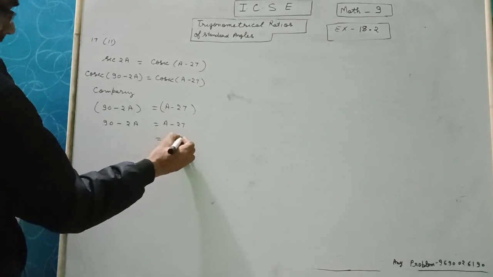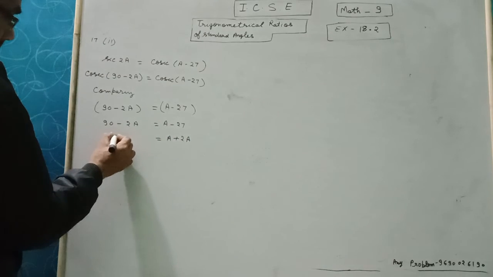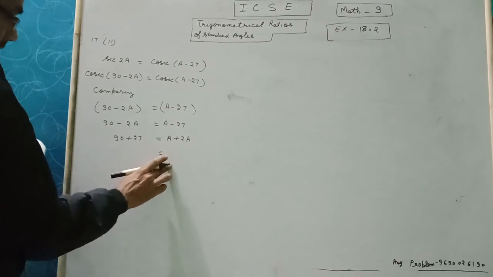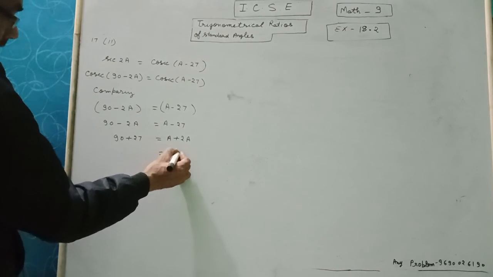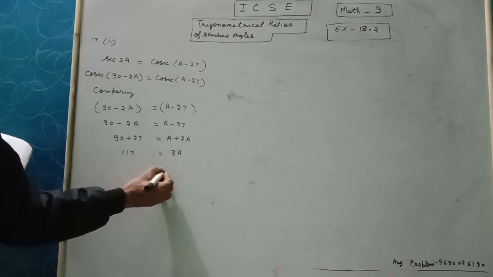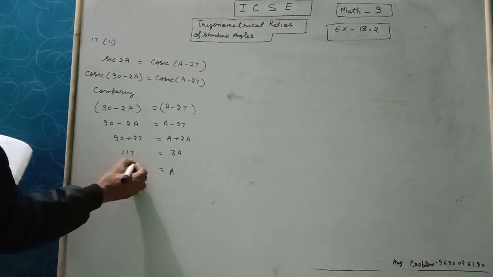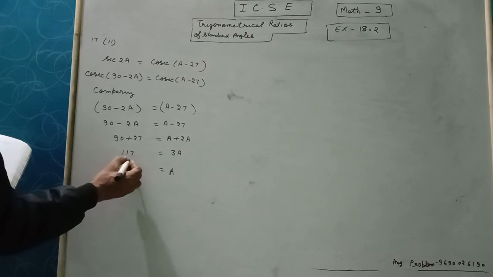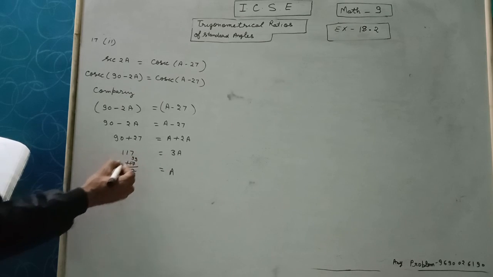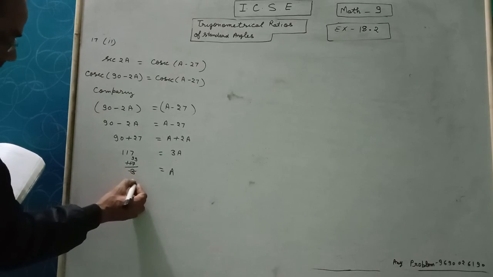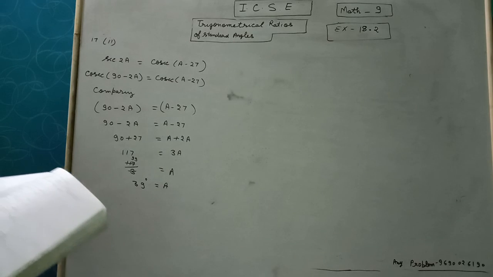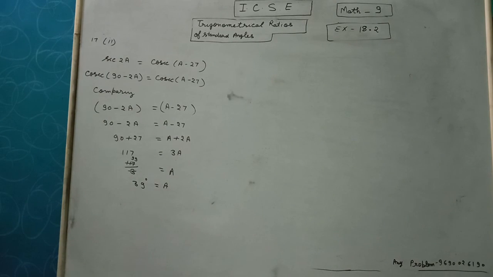Interchange: a plus 2a, 90 plus 27, after plus 3a and the sum is 117. A is equal to 117 upon 3, which is 39. The value of a is 39. Question 17 is complete. Thank you.